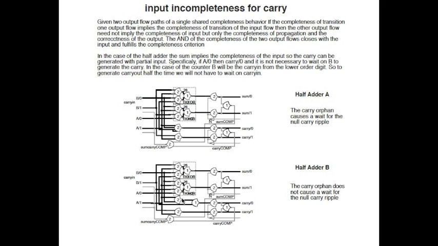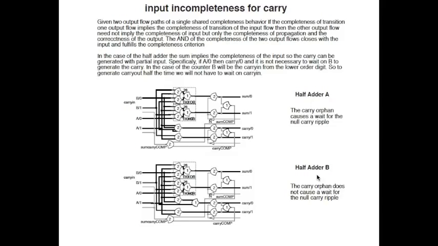So we have another circuit down here which isolates the carry in from the generation of the carry out, so that if A generated the carry, when A becomes null, the carry out will become null also. So we'll call these half-adder A and half-adder B. And the minterm from the previous page was half-adder C.